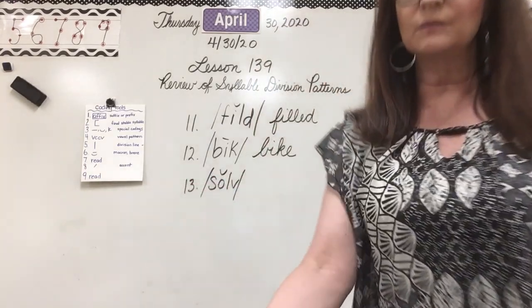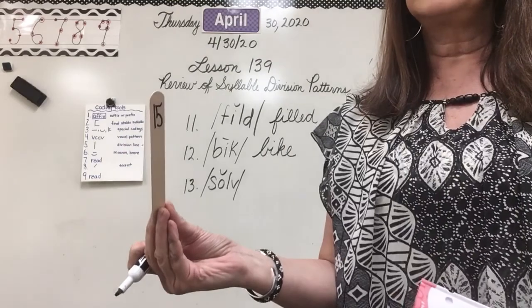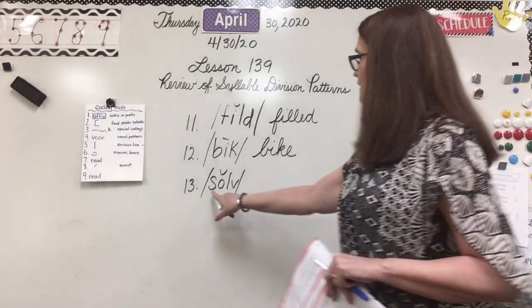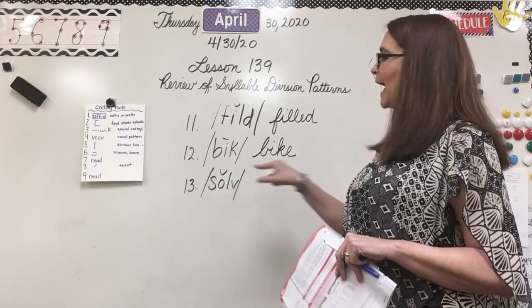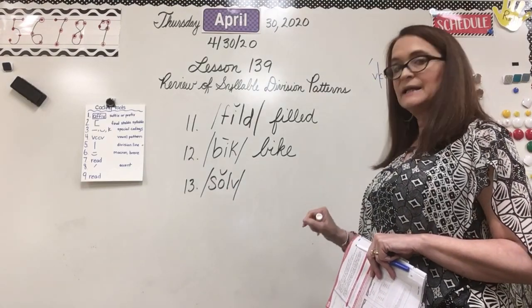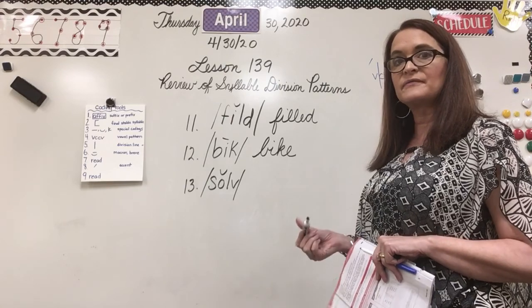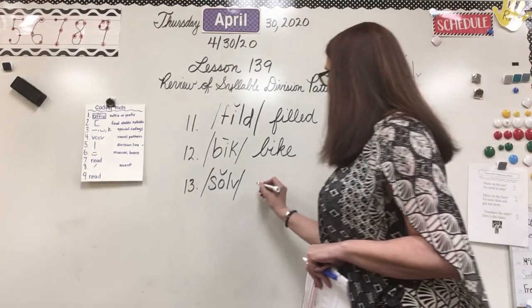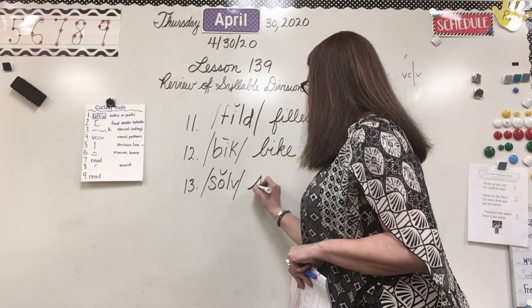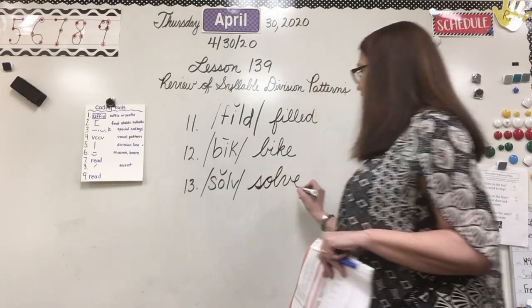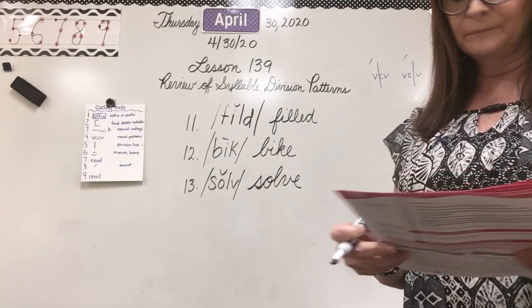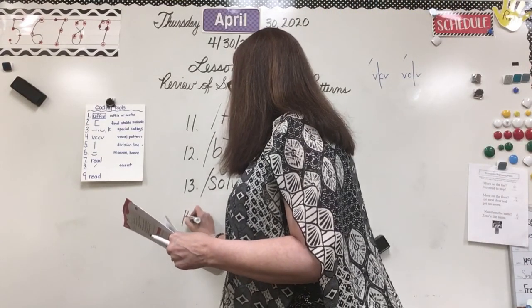How do we say this word? Blake? Solve. Solve. Now, how do we know in the English language, anytime a word ends with the V sound, how must we spell that sound? S-O-L-V-E. Good job. All right, number 14.